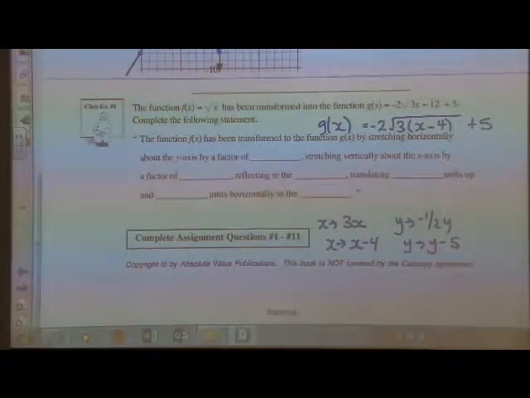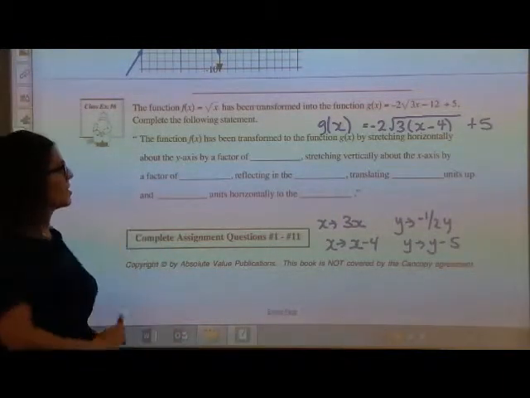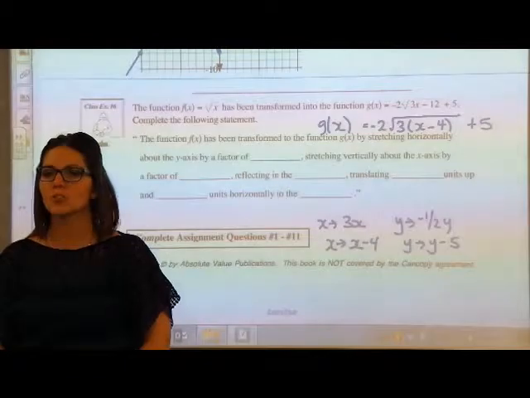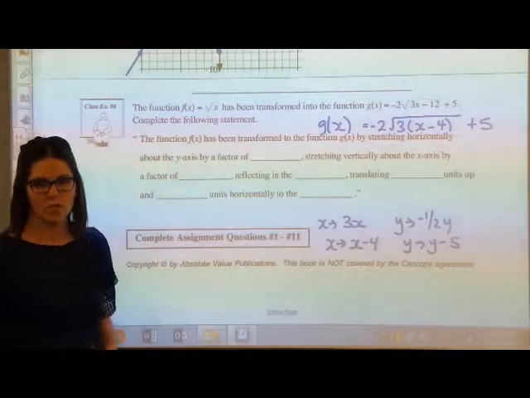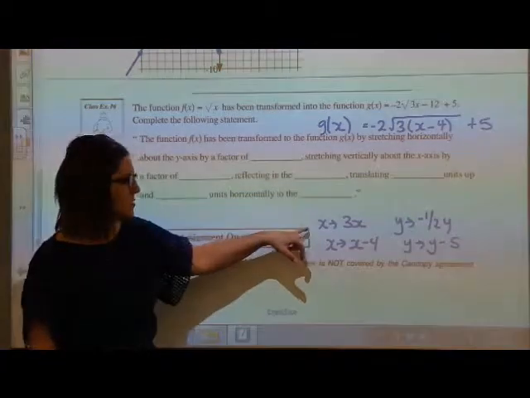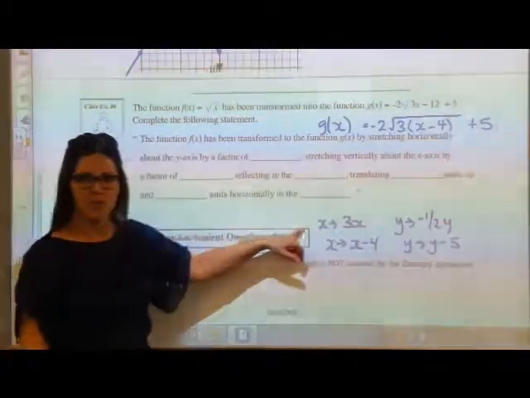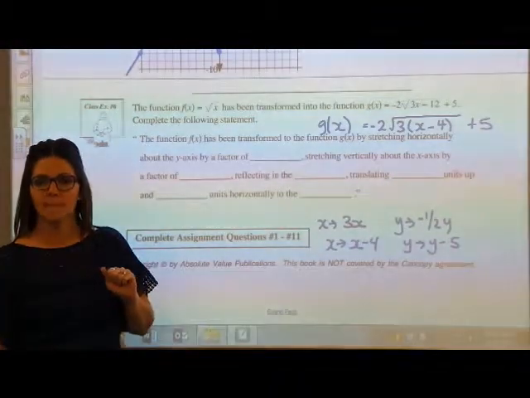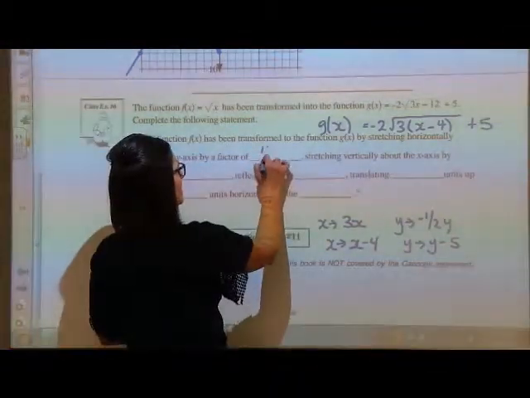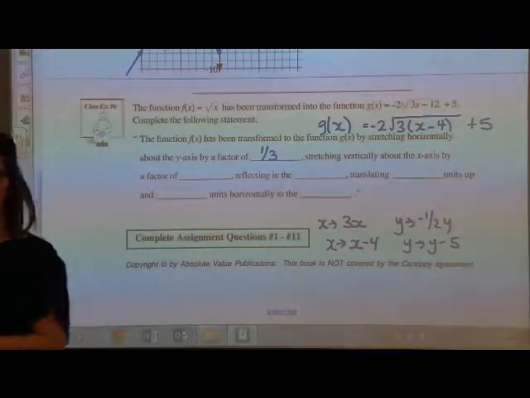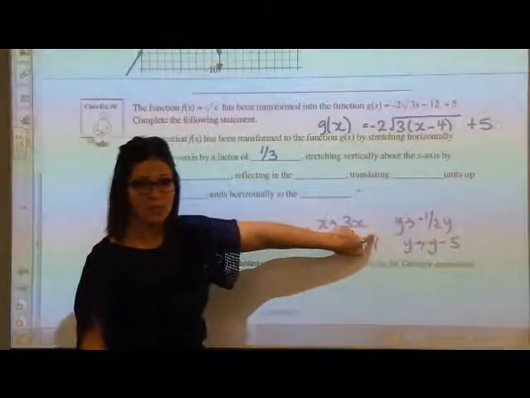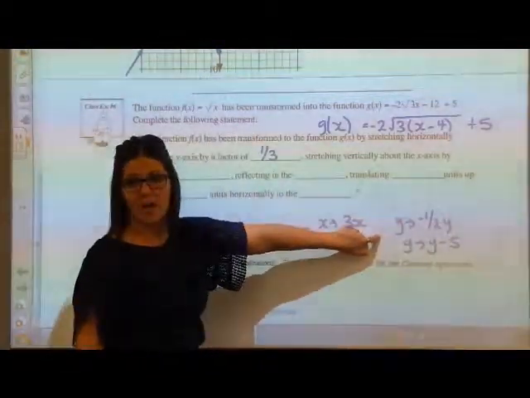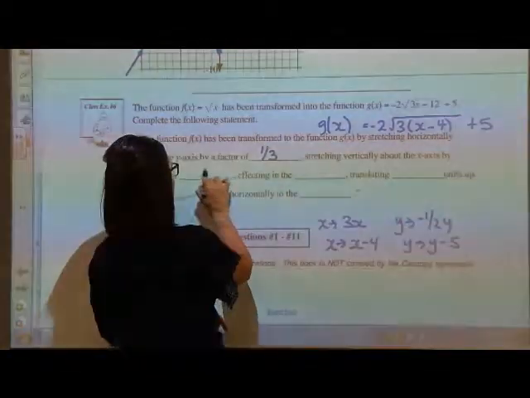So, the function f of x has been transformed to the function g of x by stretching horizontally about the y-axis by a factor of what? So where's my horizontal stretch? My replacement of x with a 3x, so what's the factor? 1/3. Stretch vertically about the x-axis by a factor of, so my vertical stretch was this part in here, a factor of 2.